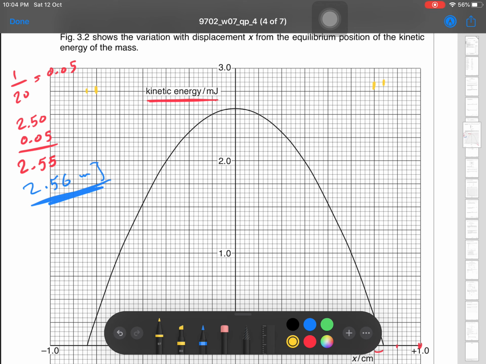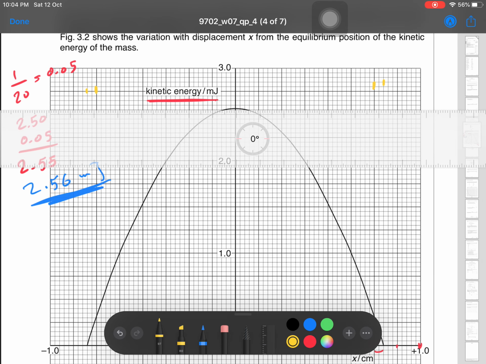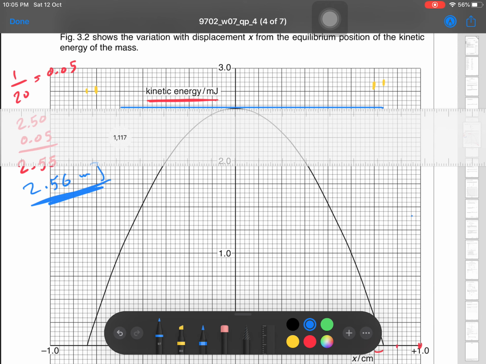So here is the borders or the limit. I'm going to bring the ruler, and I'm going to place the ruler here horizontally, and then I'm going to draw the line. The line will be from that point till the other point on the left.